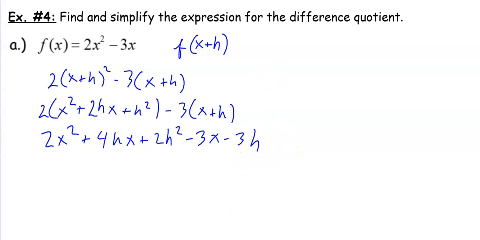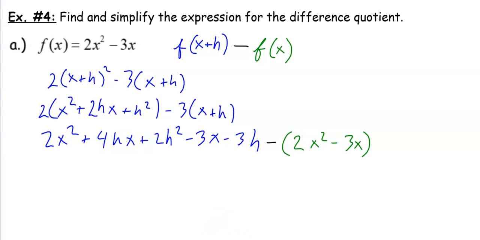Alrighty. Then what we are going to do is take this f of x plus h, and we are going to subtract our initial y value, which was f of x. f of x, not f of h. I apologize. So from this, we are going to subtract this, my initial y value as determined by x.